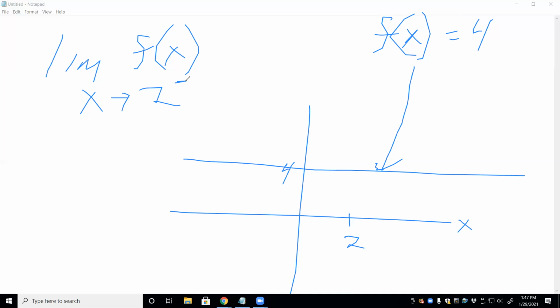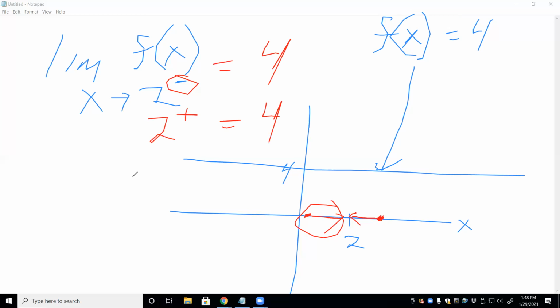As we approach 2 on the left side, it's still 4. In the first case, we were starting there and going there, and in the second case, we're starting here and going there. But in either case, the limit from the left is 4, and from the right, it's 4.